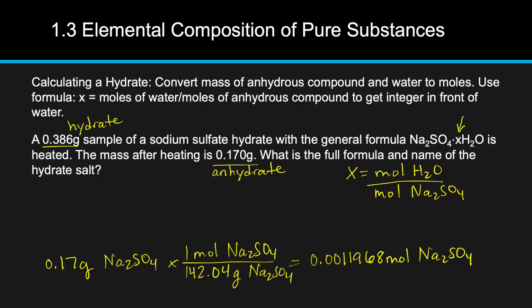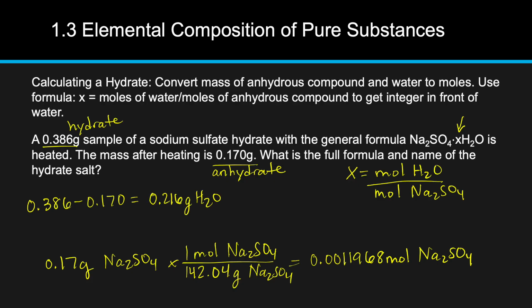We need to get the moles of water. Looking at the data given in the question, we started out with the mass of the hydrate, then we added heat to the sample and evaporated all the water, and then had the mass of just the anhydrate. So if we subtract the mass of the anhydrate from the mass of the hydrate, that's going to give us just the mass of the water that was taken out.